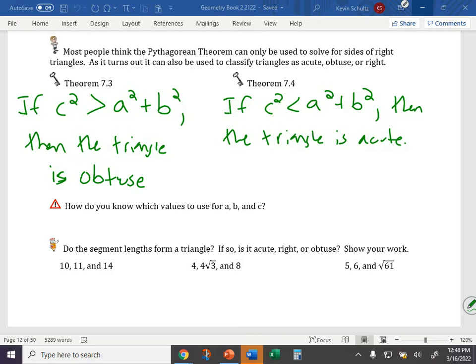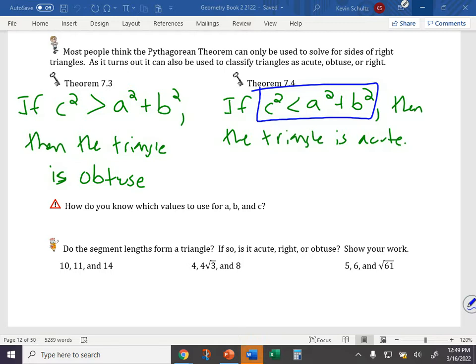So why put that c squared value first? You don't have to write this down on your page if you think it's going to ultimately confuse you, but here is the method to the madness. If we put the c squared on the right side of our inequality symbol rather than the left, how would we have to write this?